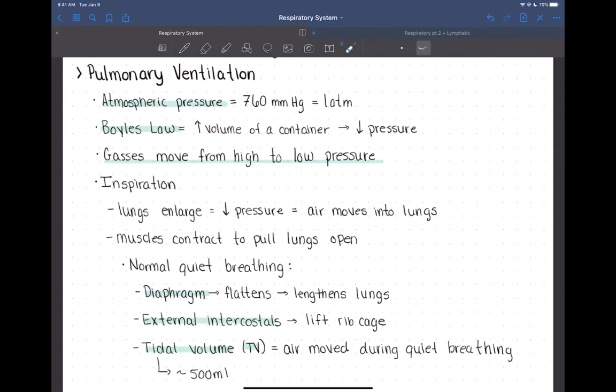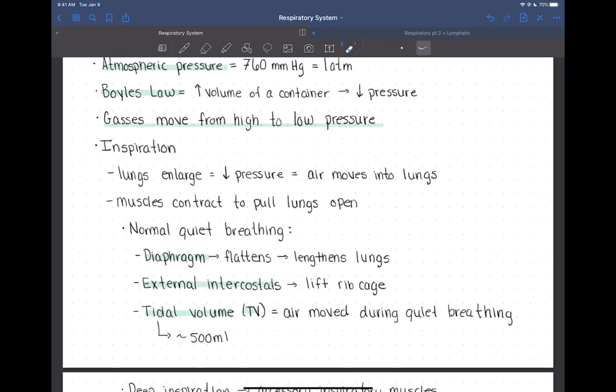We're interested in that because gases move from high to low pressure. So if you expand the size of your lungs, the pressure will decrease, and if it decreases below atmospheric pressure, then air is going to move from the outside, the air around us, into the lungs. That's how inspiration, inhaling, works.